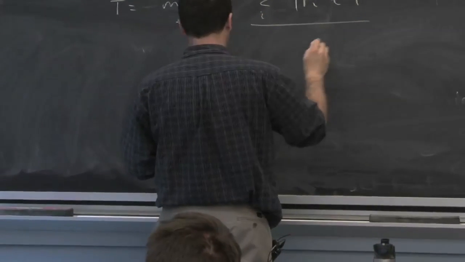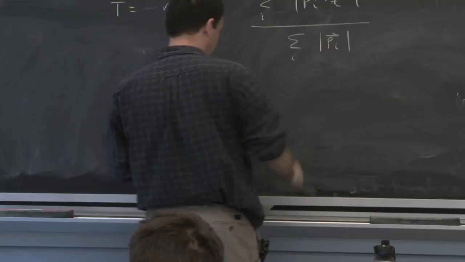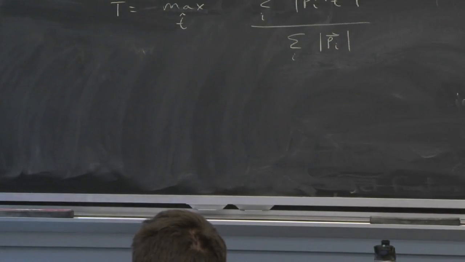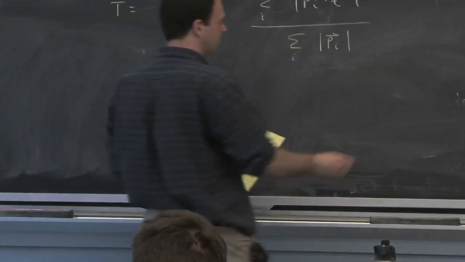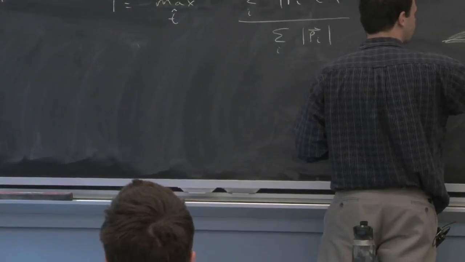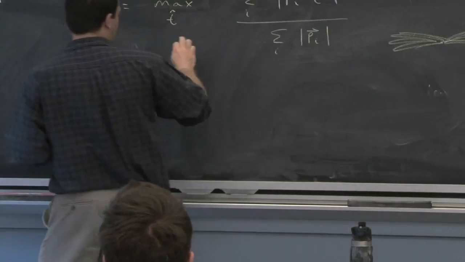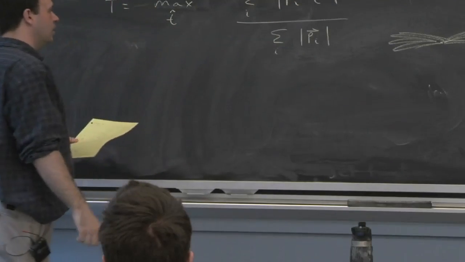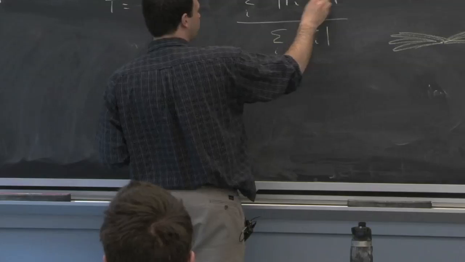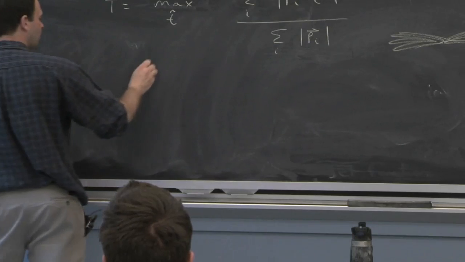Thrust can be defined by this formula here in general, which is that you find some axis, which in our dijet configuration will be the jet axis. You find the axis that maximizes this thing, and in the case of a dijet configuration, that's going to align with the jet axis. And then you do this sum, and that calculates some variable T.